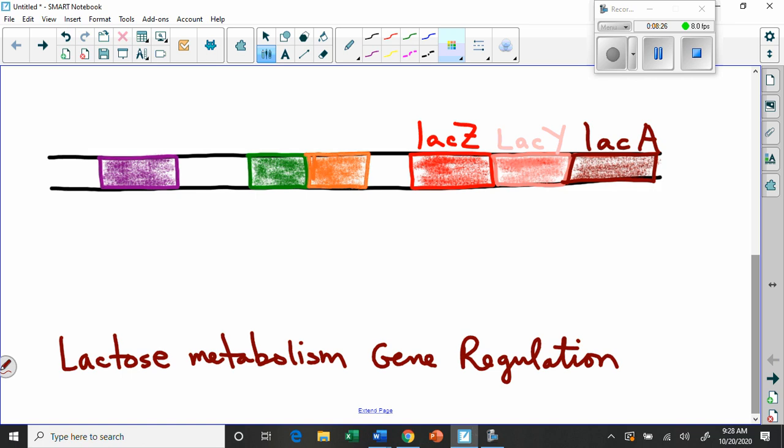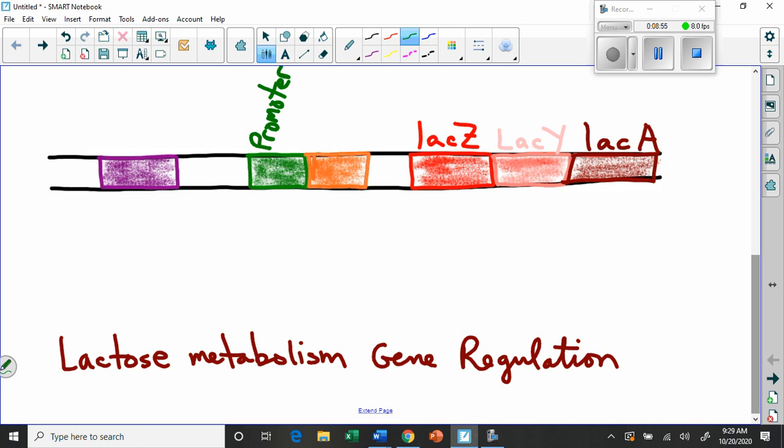The green one, I'll go to that one next because it's an easy one. The green one, what starts off every gene? The what? A starting codon, which is part of a segment called the promoter. Good. So this is the promoter section.